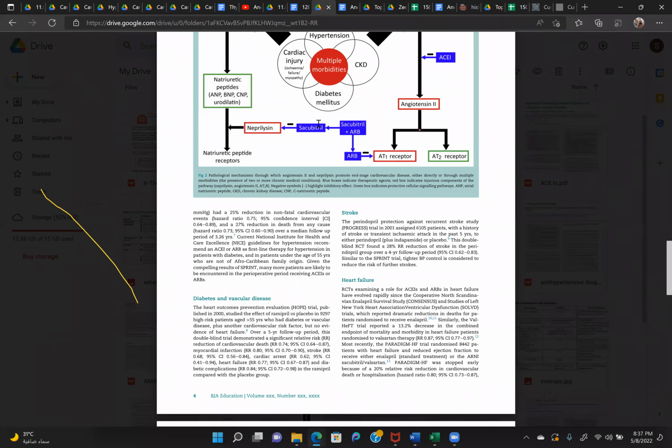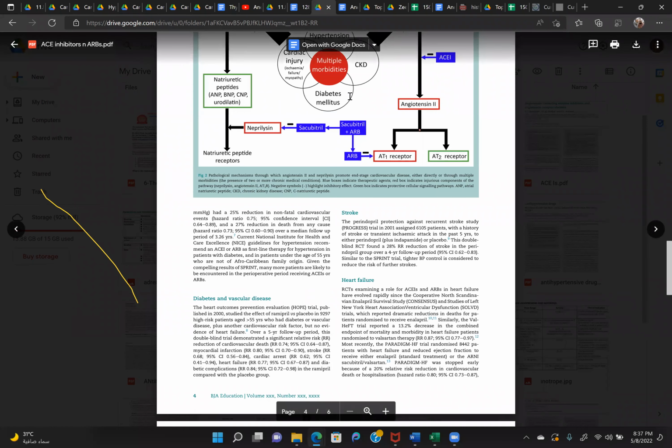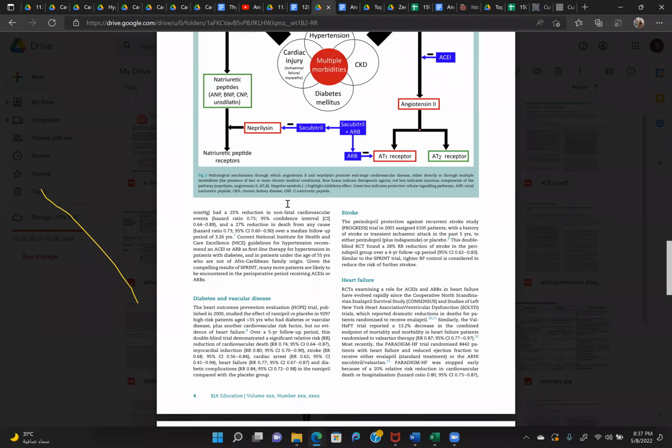Okay. So what are the recommendations of the American Heart Association regarding ACE inhibitors? Practically speaking, about ACE inhibitors, they will be asking you, would you like to continue? Would you like to stop?